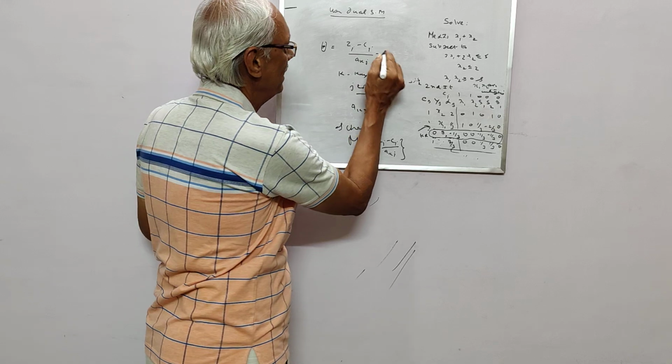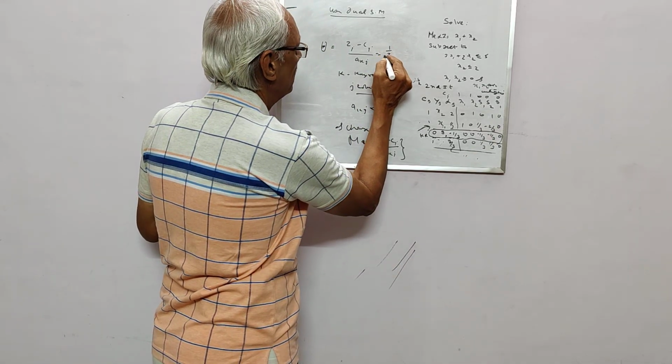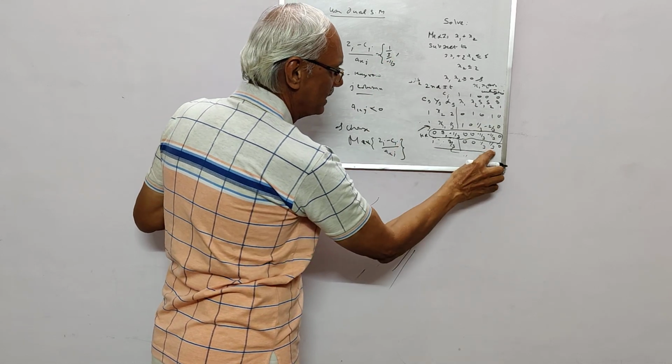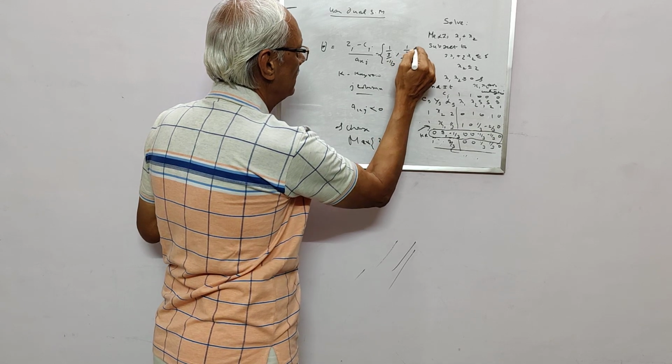So what will you get here? Z3 minus C3 is 1 by 3 divided by minus 1 by 3. Z4 minus C4 is 1 by 3 divided by minus 1 by 3.